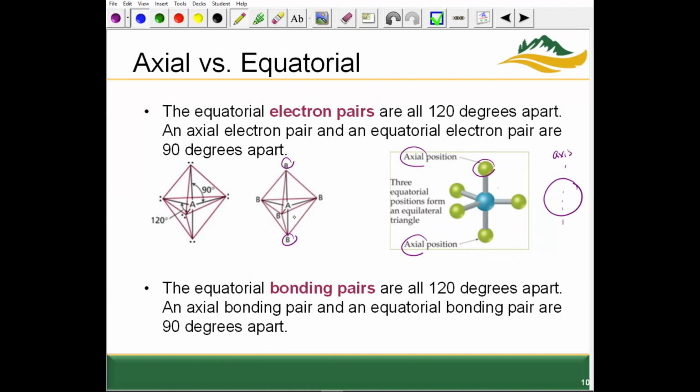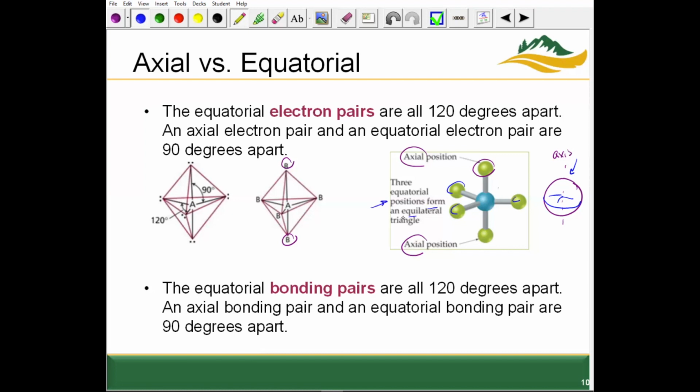Then the groups going around the central atom in this direction are called equatorial. Just like the globe rotates on an axis, we also know this direction is the equator. So these three going this direction are the equatorial positions.